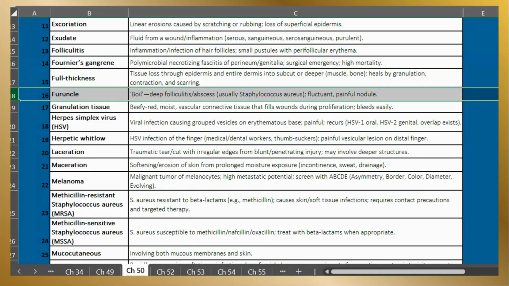Furuncle, so it's the boil, a deep folliculitis abscess, usually Staphylococcus aureus, a fluctuant, painful nodule. So the furuncle is the boil of the follicle, like where the hair is.